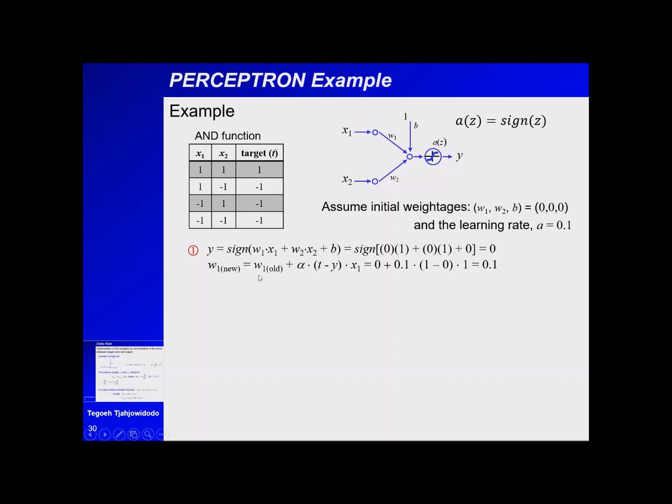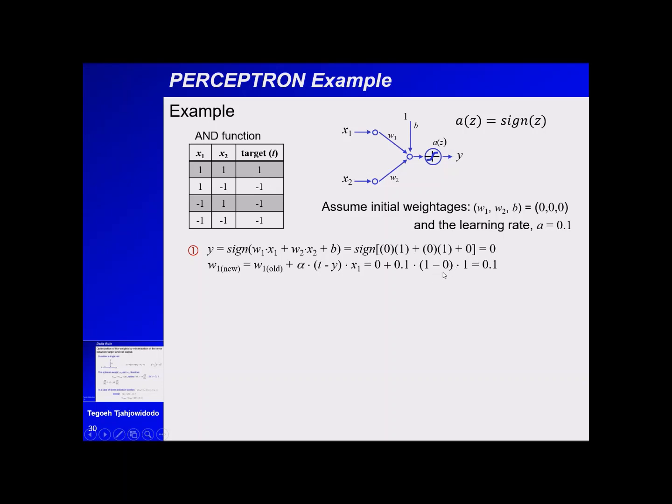So I will update W1 now, taking the old W1, 0, plus the learning rate 0.1 times the target, which is 1, minus the current output, times the first input of the first data set. So if you look at this, this is exactly what I meant.